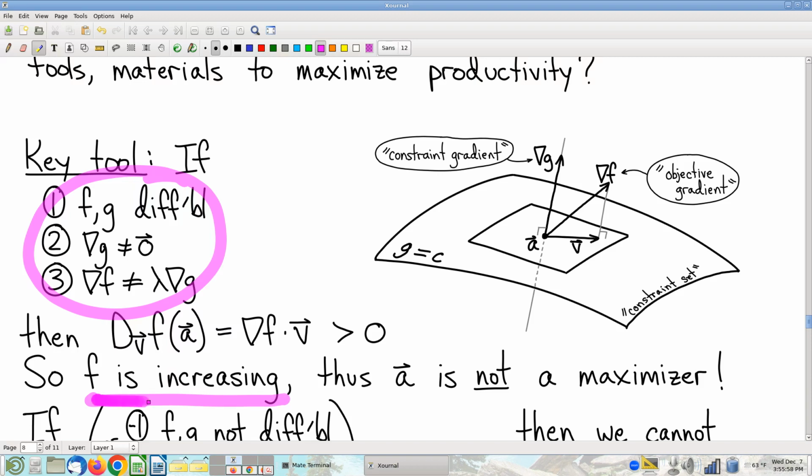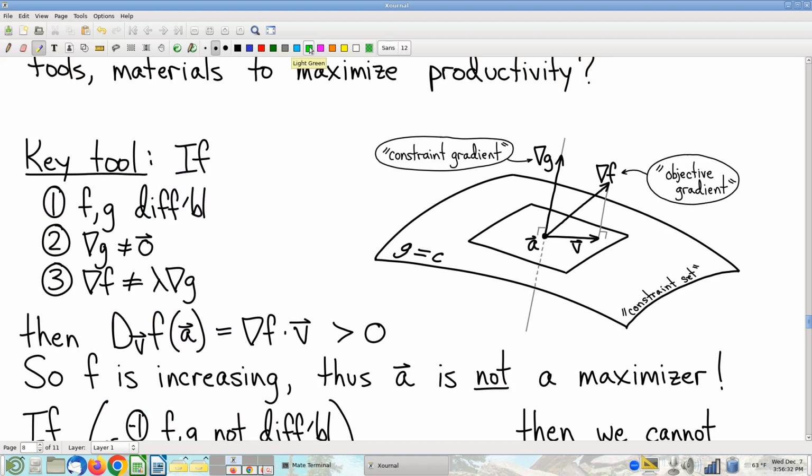And if the function is increasing, it couldn't possibly be the maximizer that you're looking for. So big picture, strategically, just like our previous optimization. Everybody see how that's the same? Different details that we'll get to. But big picture, we're eliminating points by pointing out that the function's still increasing here, so it couldn't possibly be what we want. All right. Okay, so let's talk details.